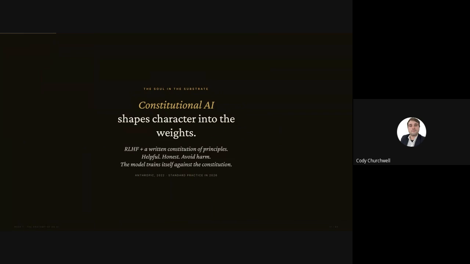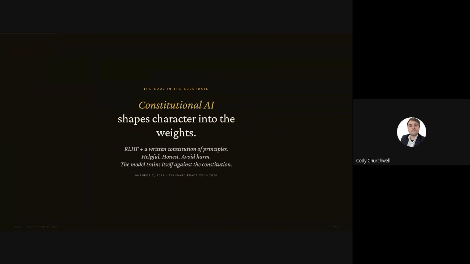And Anthropic took it one step further. Published back in 2022, they called it constitutional AI, or CAI. Same idea, humans rate outputs, except now there's a written constitution, a list of principles like be helpful, be honest, avoid harm.